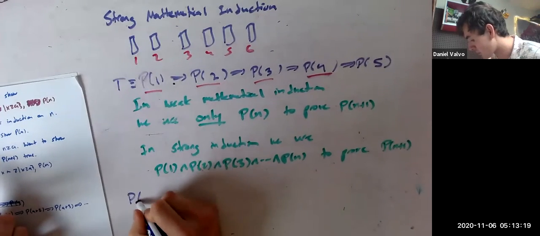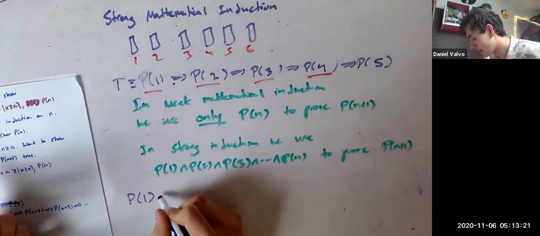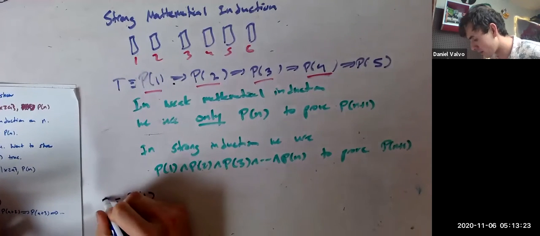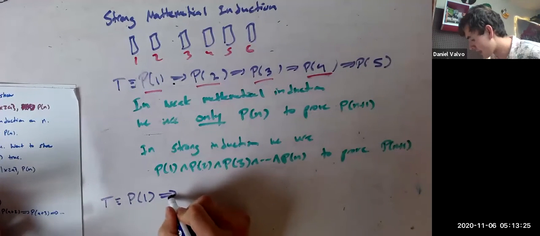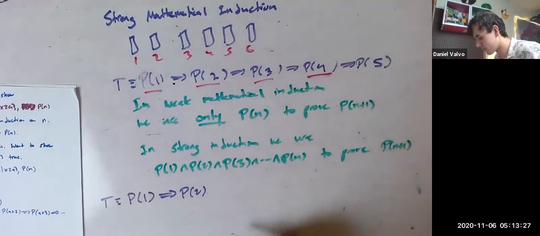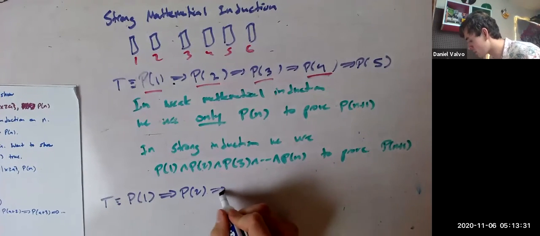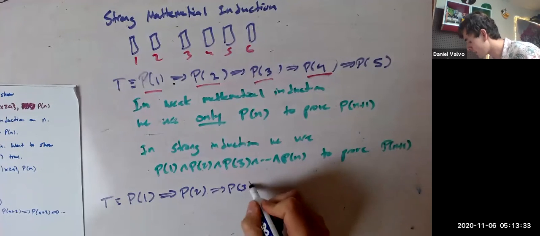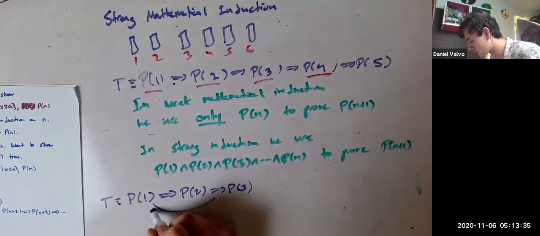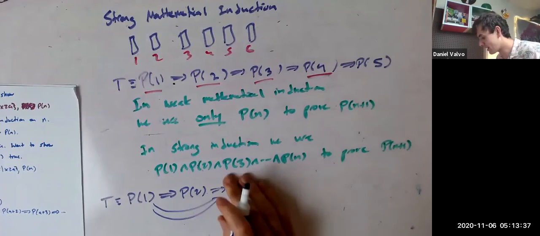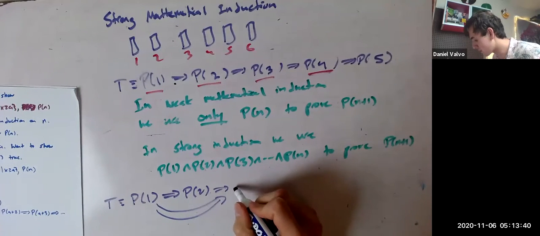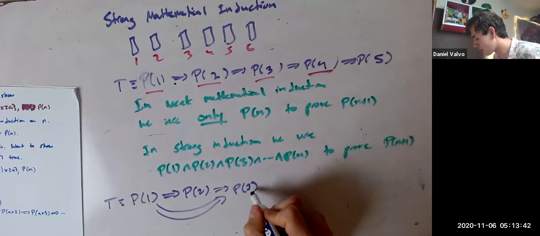The way strong induction would work is you have P of 1, and as a base case, you know that's true. And then you use that to prove P of 2. But then the way strong induction works is instead of using P of 2 to prove P of 3, why just use P of 2? You can also use P of 1. So you use P of 1 and P of 2 to prove P of 3.